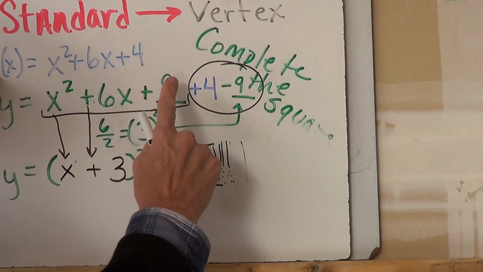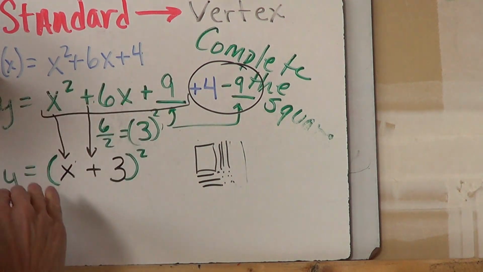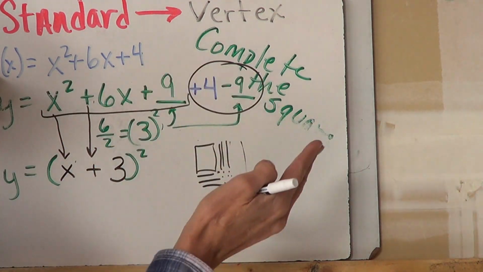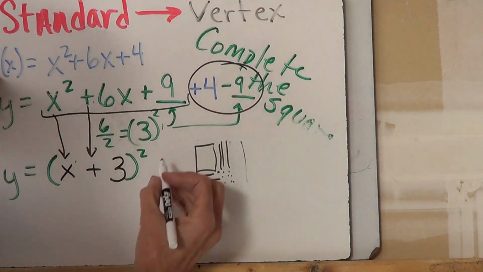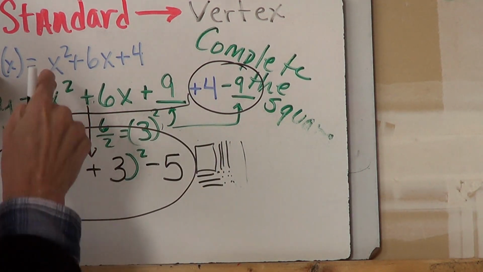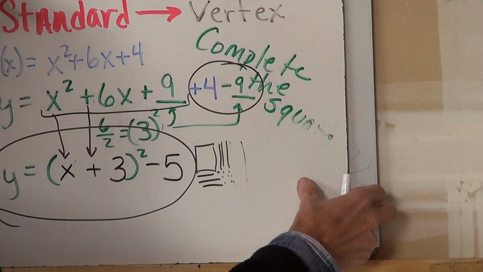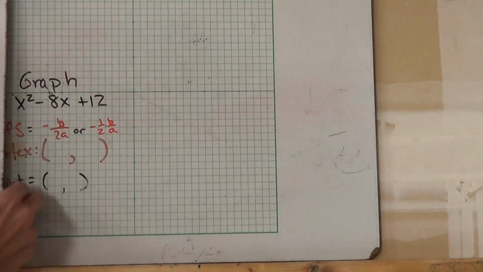When we added a 9 here, we needed to put a minus 9 here so that it didn't change the value. They balanced each other out to being 0. 4 minus 9 is negative 5, and you've just converted this standard into this in the vertex. Okay? Again, write everything down. We can do some together.